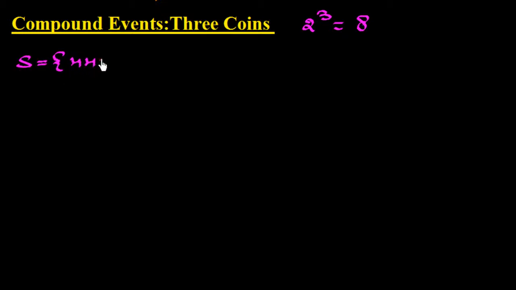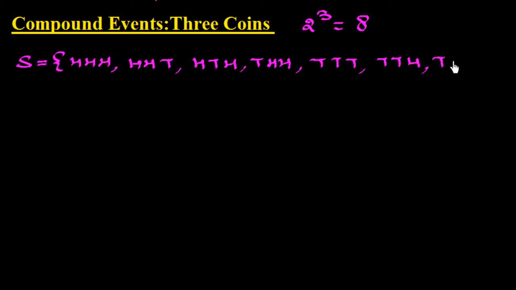Either we could get head head head, head head tail, head tail head, tail head head, tail tail tail, tail tail head, tail head tail, head tail tail. So look at here how many we are getting: 1 2 3 4 5 6 7 8 outcomes. The total outcomes are 8.